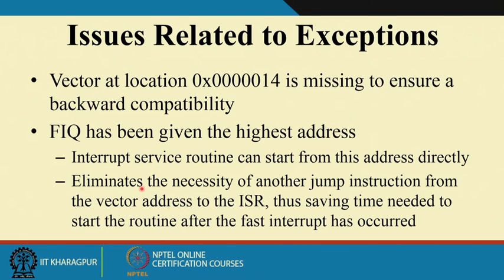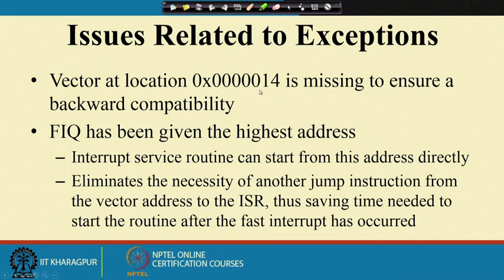two reasons. One reason is that the ISR at the exception address is the last one, 0x1C. So, this FIQ interrupt is faster because of two reasons. One reason is that, as we have seen, they have got a separate set of registers.